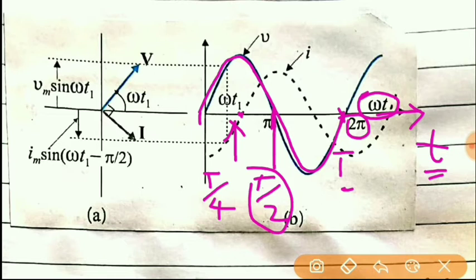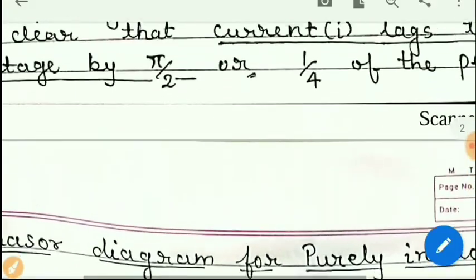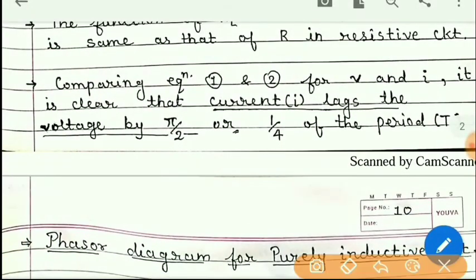And you can see this is for the current. So voltage is here and current is here, so it is 1/4 of that part, and that's why it is written here that it lags behind by 1/4 of the periodic time.